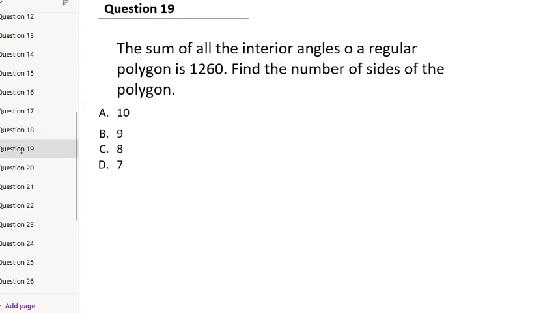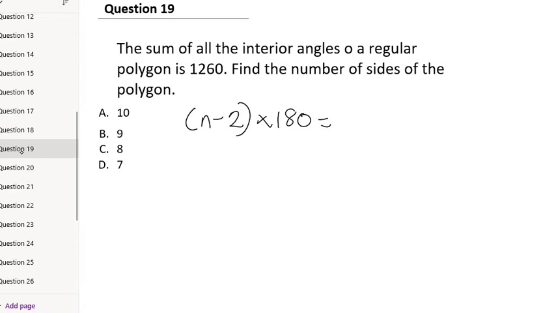Question 19. The sum of all the interior angles of a regular polygon is 1260. Find the number of sides of the polygon. The formula for calculating the sum of interior angles of a polygon is (n minus 2) times 180. In this question, they've given you the sum.